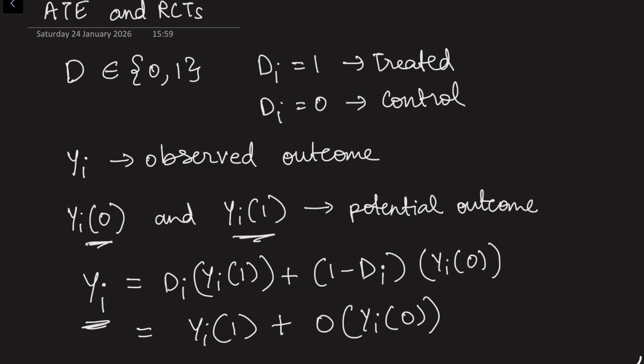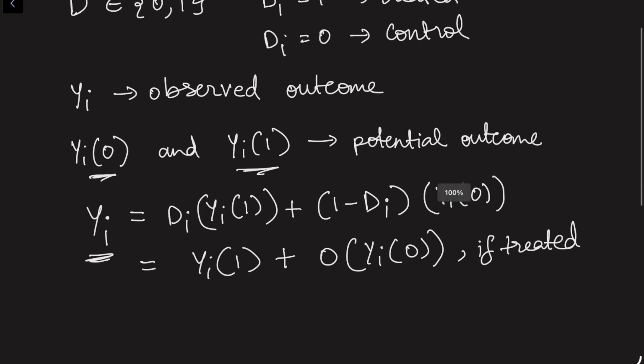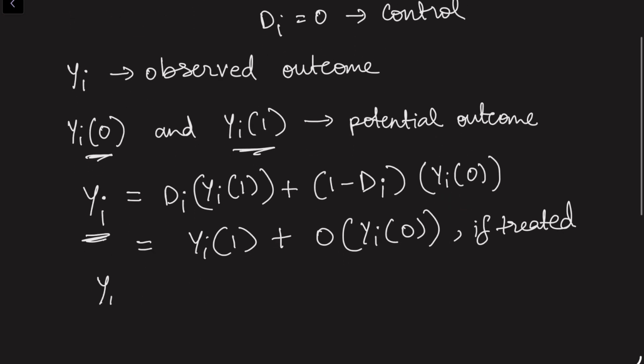That's if you are treated. This is true if treated, right? So if you are treated, then your potential outcome of being treated should be the same as your observed outcome. I've just written this so that it makes sense, and of course your observed outcome will also be equal to your potential outcome of not treated if you're not treated.